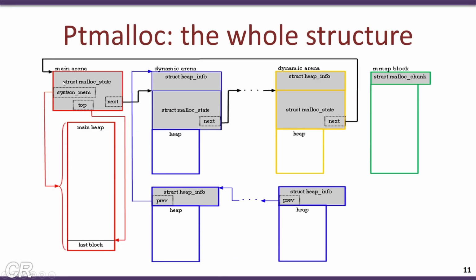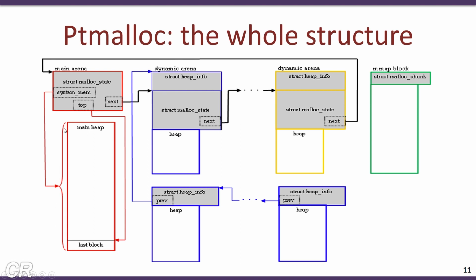So this particular slide shows the entire structure of the ptmalloc heap. This entry over here is the main arena. It is defined as the struct malloc_state. Now within this structure, there is an entry known as system map, which is a pointer to the main heap. So now the main heap is actually allocated over here.